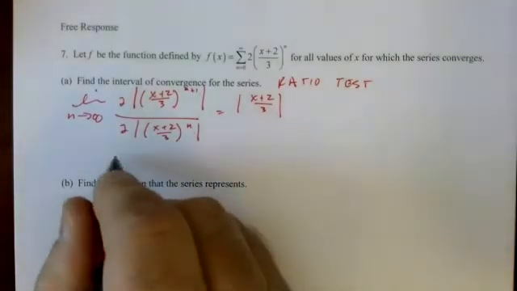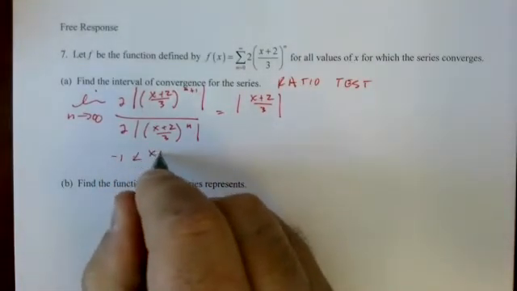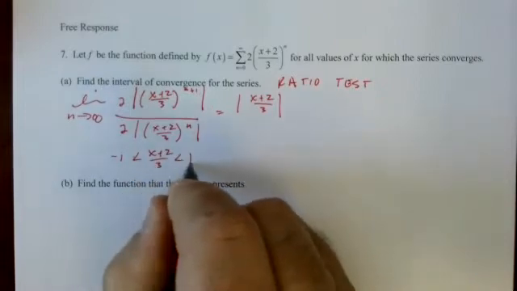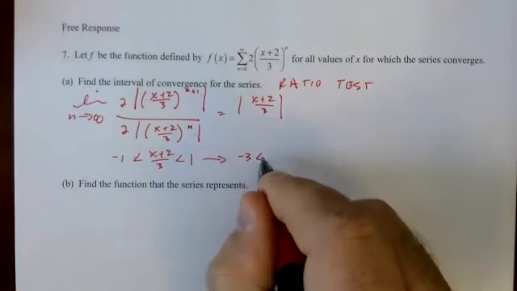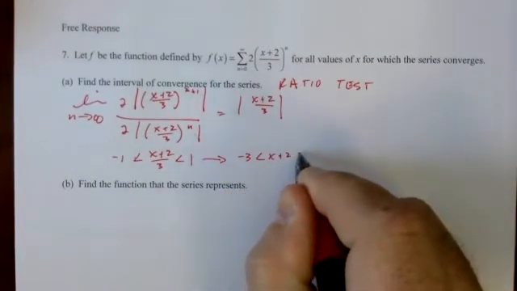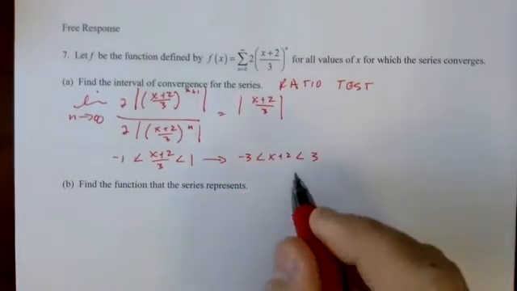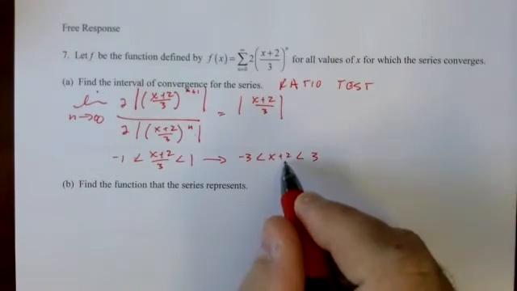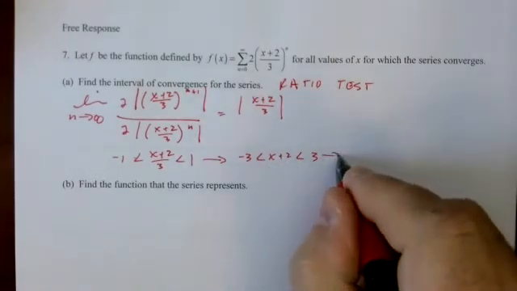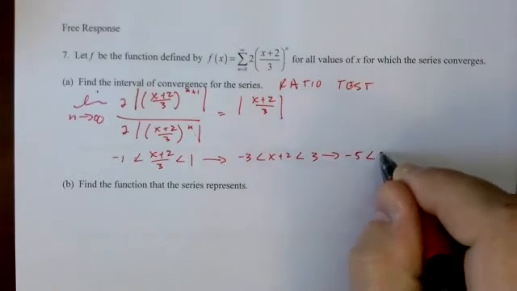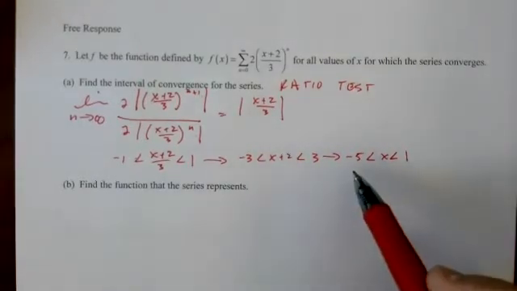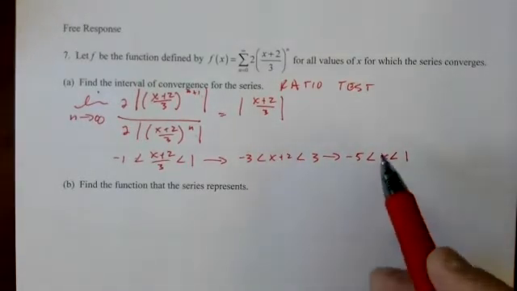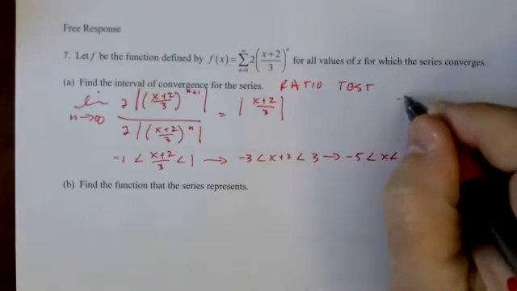Okay. -1 has to be less than (x plus 2) over 3, which has to be less than 1. -3 less than x plus 2 less than 3. -5 less than x less than 1. Let's check the endpoints.